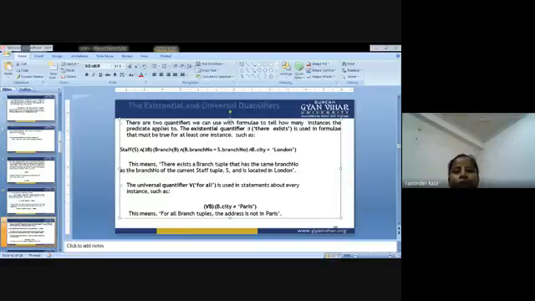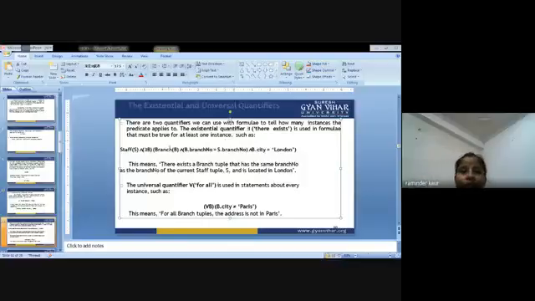The first quantifier is the existential quantifier, that is, there exists, which could be represented with the help of the reverse E. It is used in a formula that must be true for at least one instance.